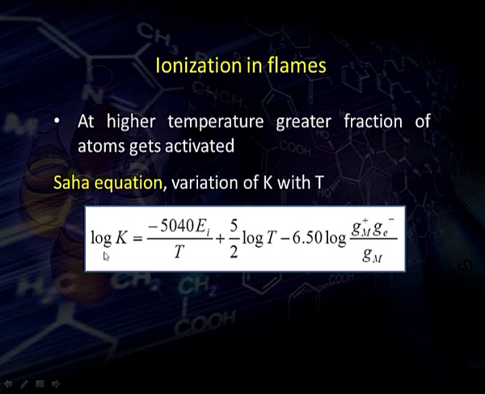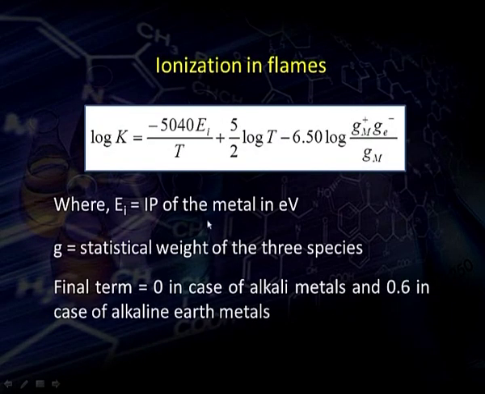So, log K is equal to minus 5040 E I upon capital T plus 5 by 2 log T minus 6.50 plus log G M positive into G E minus upon G M, where E I is the ionization potential of the metal in electron volts, and G is the statistical weight of the 3 species. The final term is 0 in case of alkali metals, and its value is 0.6 in case of alkaline earth metals.